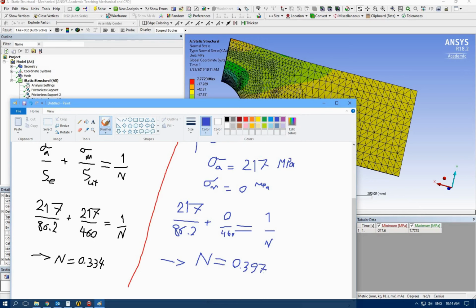Okay, so the blue one is fully reversed, the black one is zero based one.